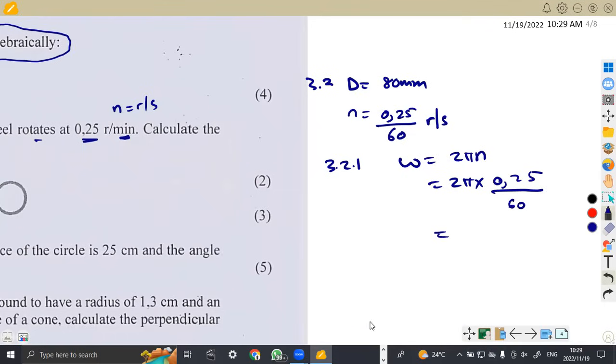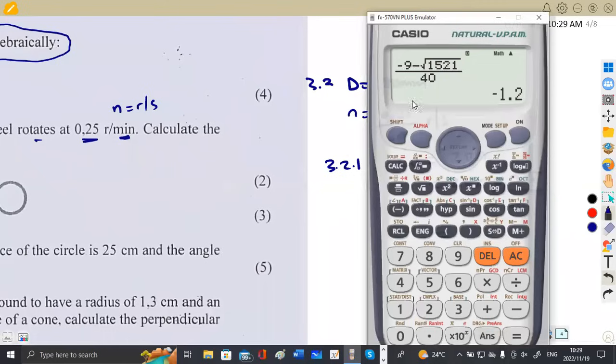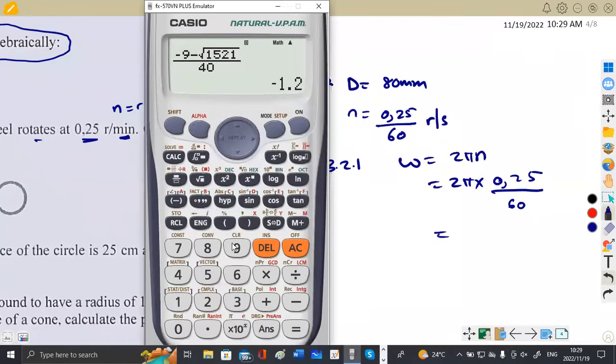So that's it. We can just use your calculator direct to simplify this one. Okay, so let's just put it here. We've got 2 pi times 0.25 over 60, like this.